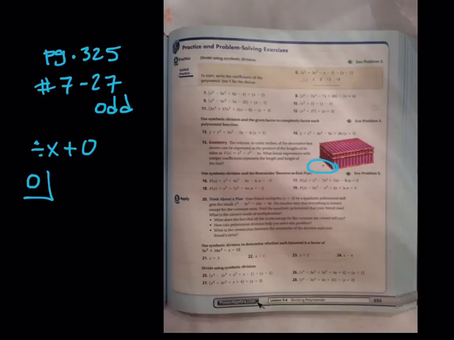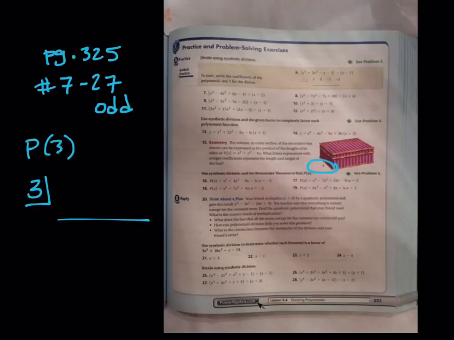Okay, 17 and 19, use synthetic division and the remainder theorem to find P of A. For 17, you're trying to find P of 3. So they want you to use synthetic division with 3. And then look at the remainder, and that's going to be your answer.